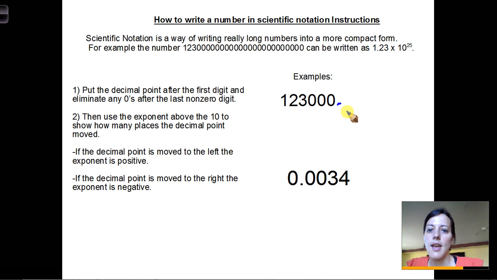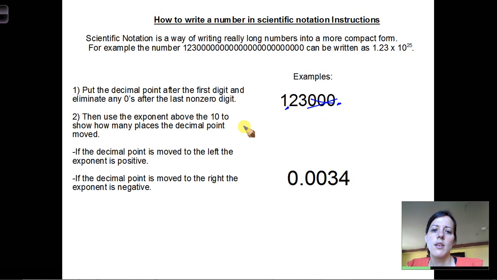So we'll go ahead and add that decimal spot. So the first rule says place the decimal spot after the first digit and eliminate any zeros after the last non-zero digit. So we need to put that decimal spot right there. That's where we want to move it to, and we are going to eliminate those zeros.